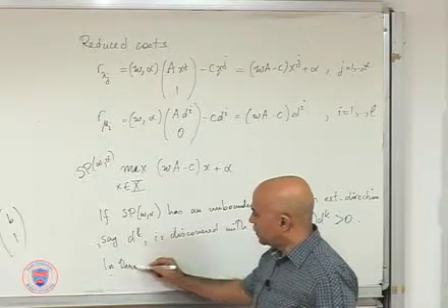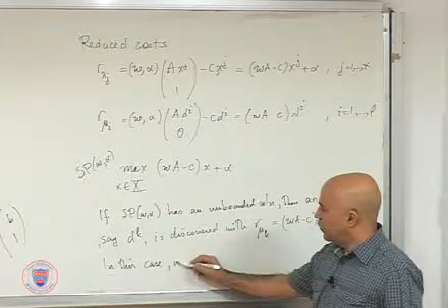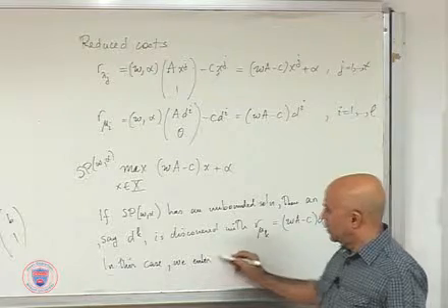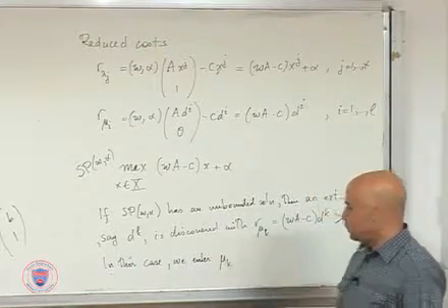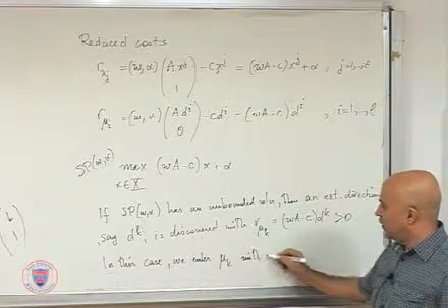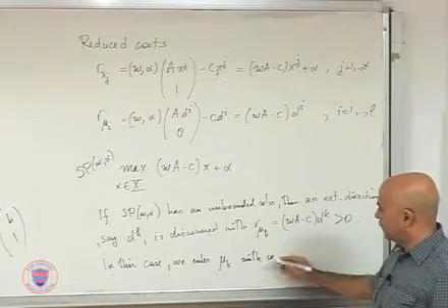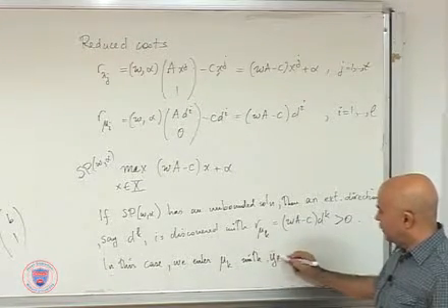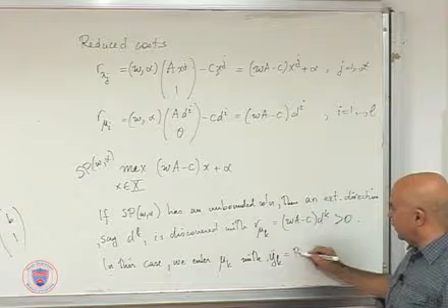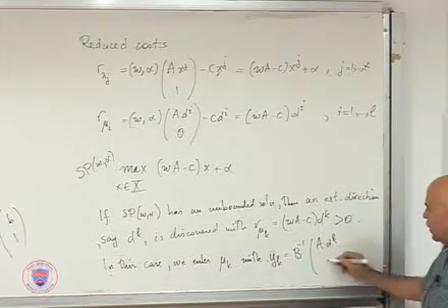In this case, we enter mu_k with reduced cost r mu_k and with column y_k defined by B inverse times A d_k and 0.